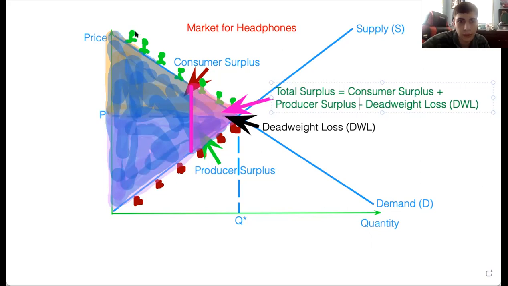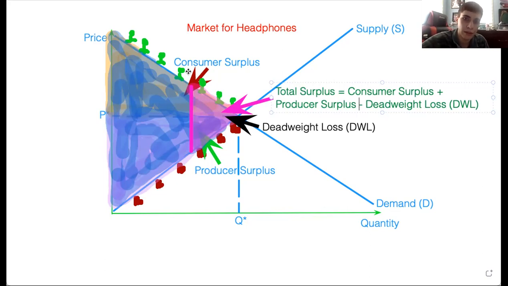Because every consumer would be able to pair up with a producer, and each one of them is willing to pay for a product that a producer sells. So even the person here is willing to pay $450 for these Bose headphones. They believe that they will get enough benefit out of those headphones that it's worth $450.